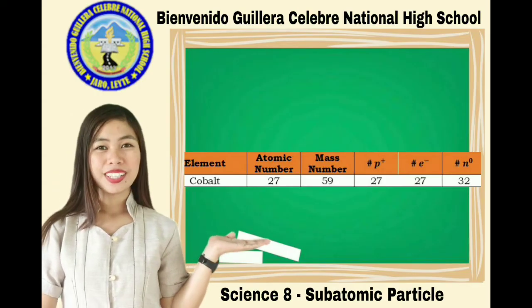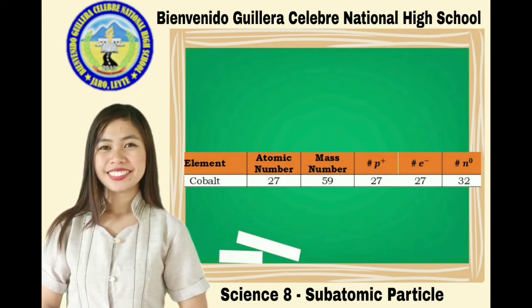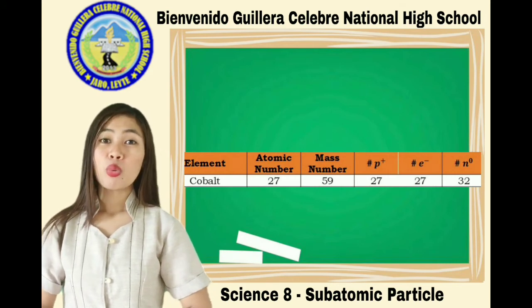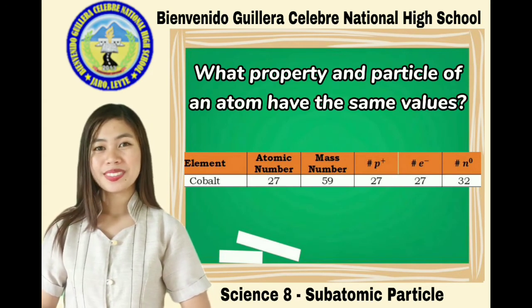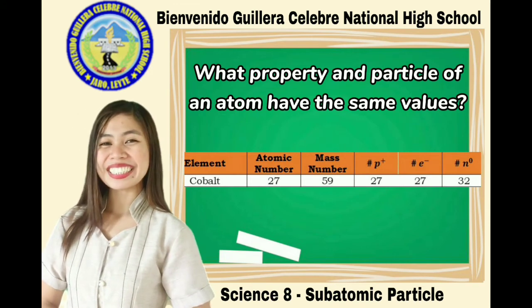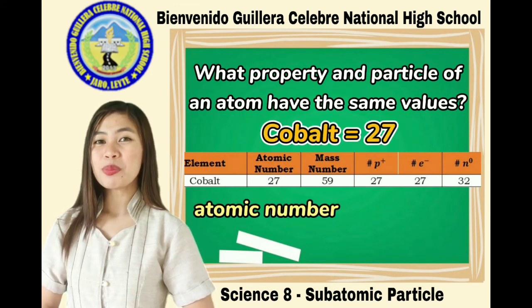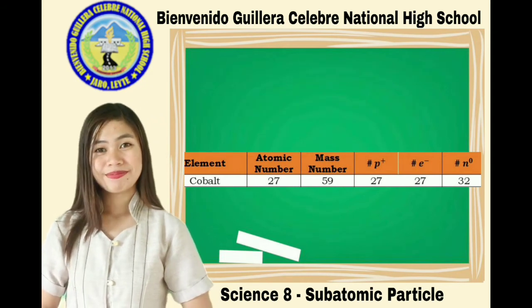Look at this table. What can you observe with the values? With the data given, what property and particle of an atom have the same values? Correct! These are atomic number, protons, and electrons. Next question.